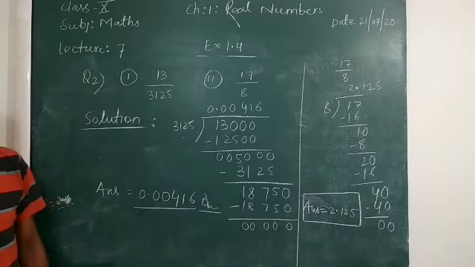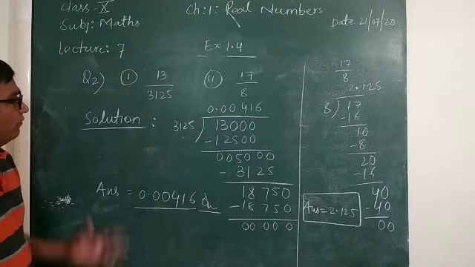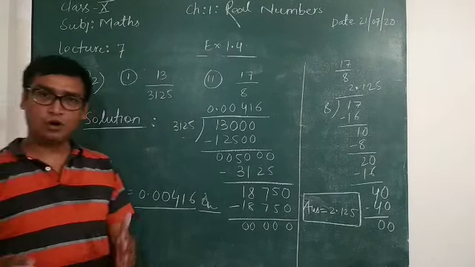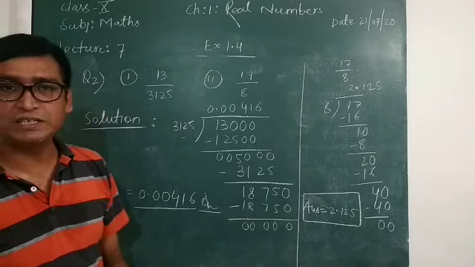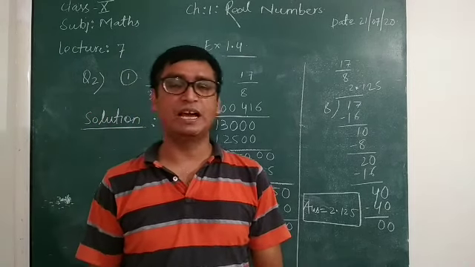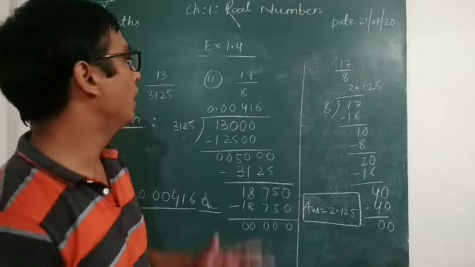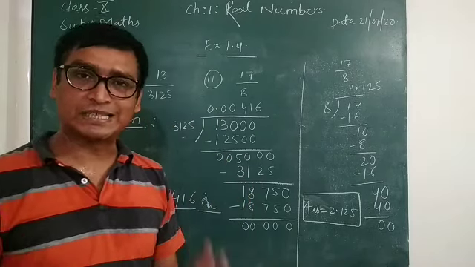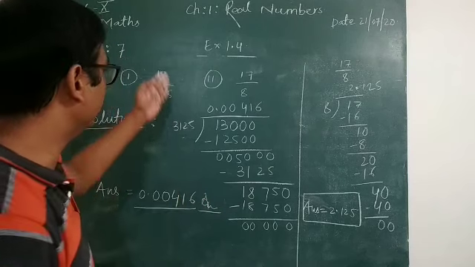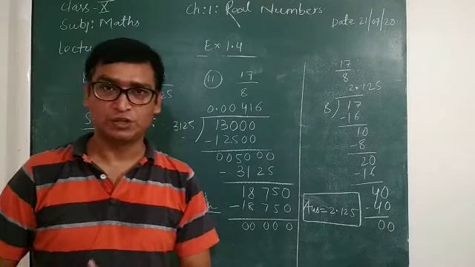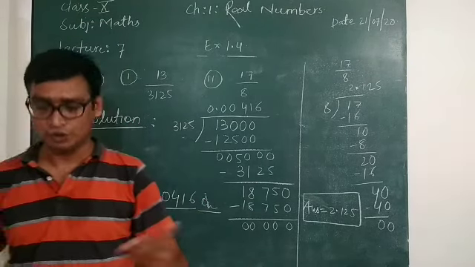Okay, so in this way we can find out all those numbers which are terminating, and then we have to convert those terminating numbers into decimal numbers. So the rest of the questions you have to do.